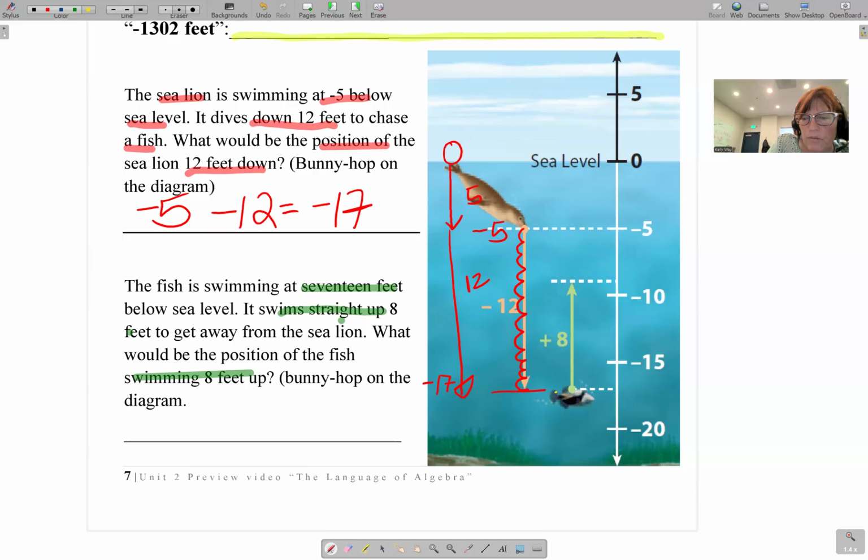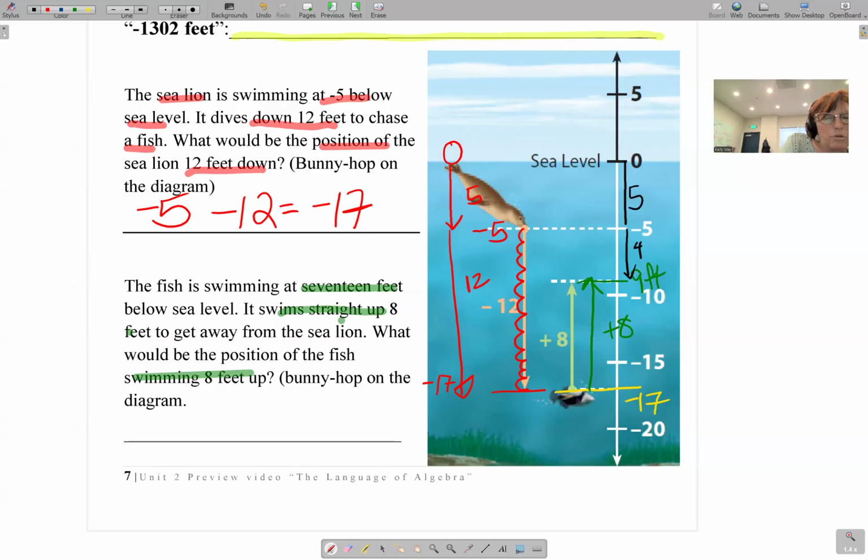So the fish is starting at negative 17 feet below sea level and goes upward 8 feet. So the position there is going to be 9 feet below sea level, because that's 5 and that's 4.